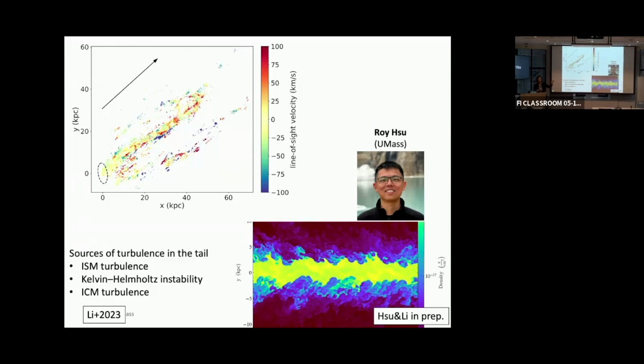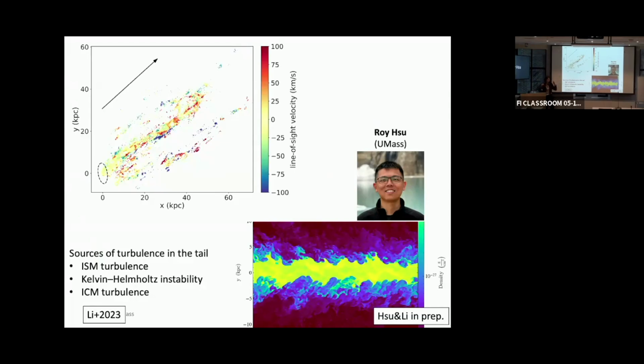I remember when I talked about this work a long time ago, when I had the preliminary results, Romain Tessier was here. He said, how do you know it's not frozen-in ISM turbulence? He's not here today, but I can show him it's not. But he's right that you would expect some turbulence just from the frozen-in ISM turbulence.